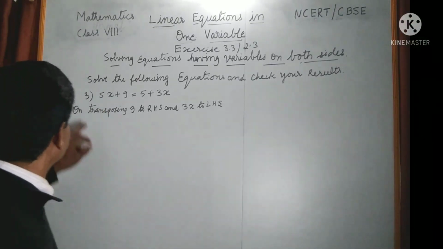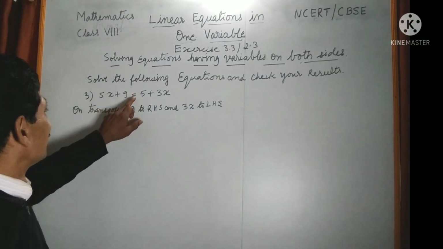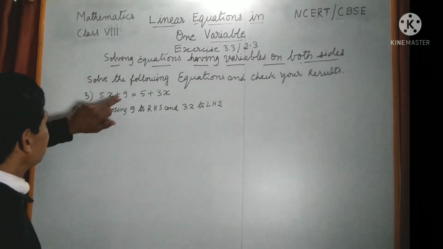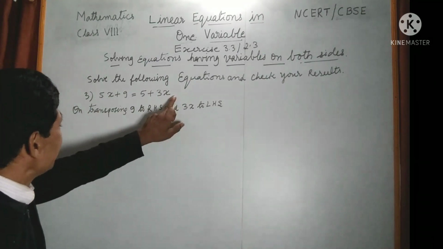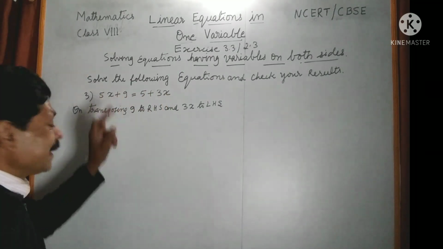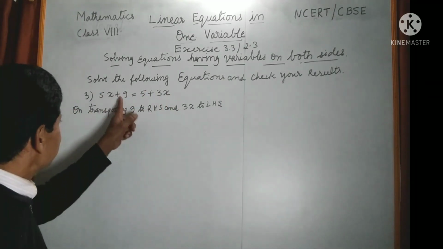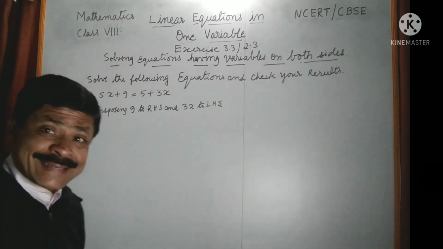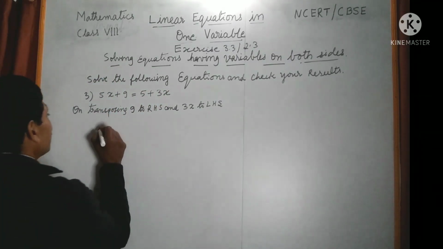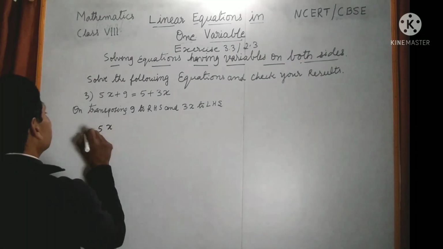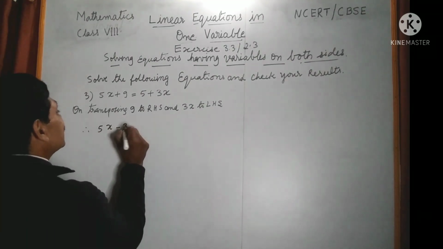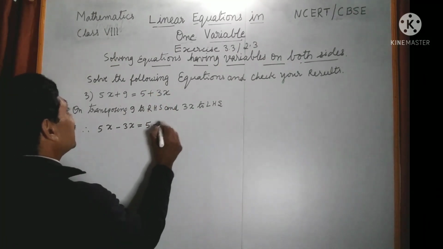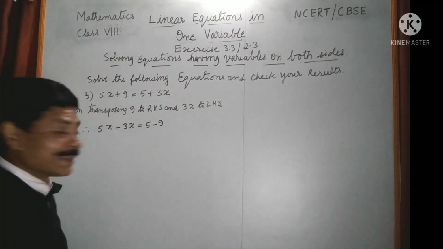Next question. 5x plus 9 is equal to 5 plus 3x. Now let us transpose 9 to right hand side and 3x to left hand side. That means constants to one side and variables to another side. Therefore, 5x minus 3x is equal to 5 minus 9.